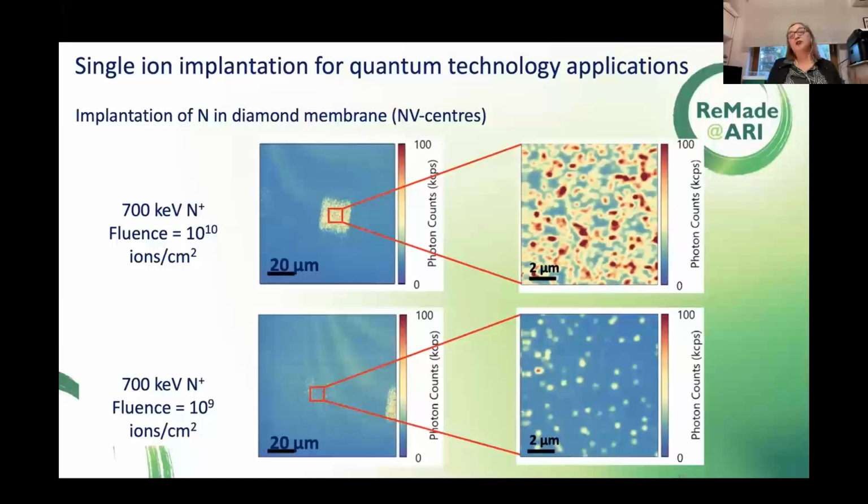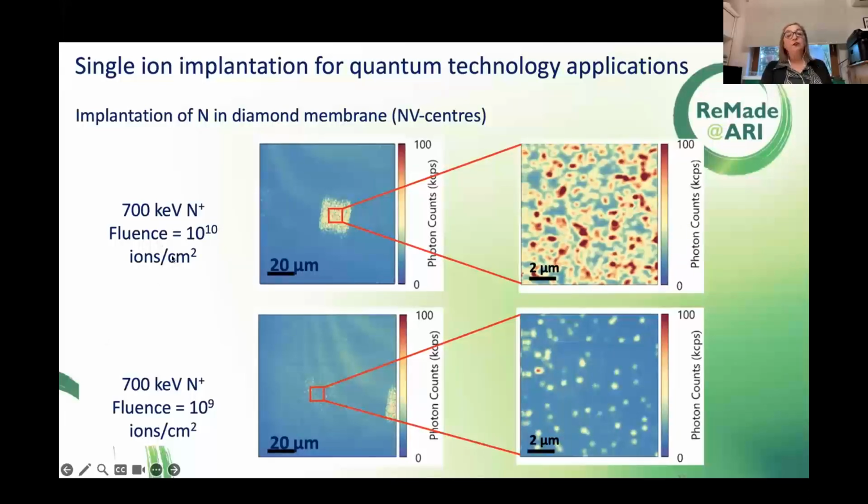So this is implantation of nitrogen ions with the energy of 700 keV, and in this upper case, the fluence is 10 to the 10th ions per square centimeter. So you again see this light emitting, with this fluence a lot of these NV centers are created, and they overlap also.